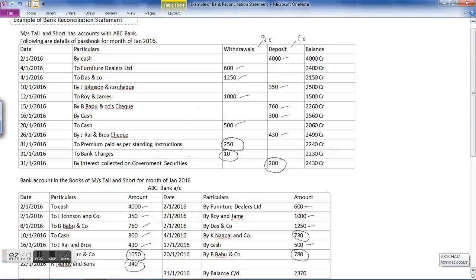First we'll take the balance as per passbook and move towards books of accounts. Now as on 31st Jan 2016, we are preparing the bank reconciliation statement, so the balance has to be taken as on 31st Jan 2016. So what is the balance of the passbook as on 31st Jan 2016? It's 2430, credit balance.